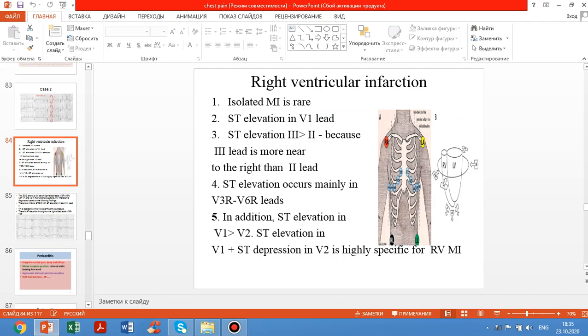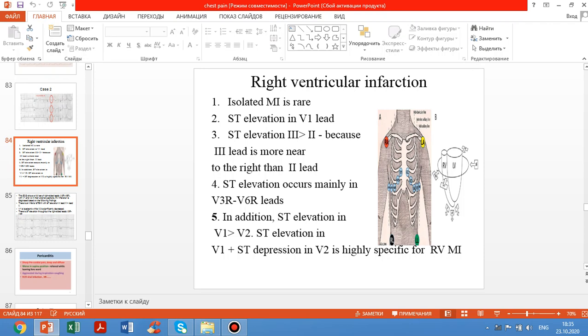Right ventricular infarction, isolated myocardial infarction, is very rare. ST elevation in V1 leads. ST elevation in the third lead more than in the second lead, because the third lead is nearer to the right side.